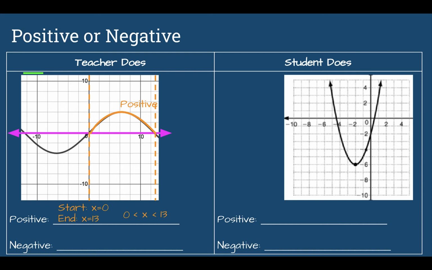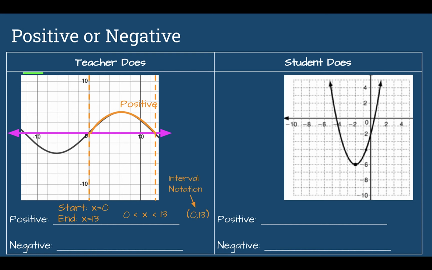When you are dealing with positive, negative, and later with increasing and decreasing, you need to use the greater than symbol. It does not have the line under it. That indicates at those specific points, it's actually not either positive or negative, and later it's not increasing or decreasing. So we're just going to use that greater than sign for every inequality in this lesson.